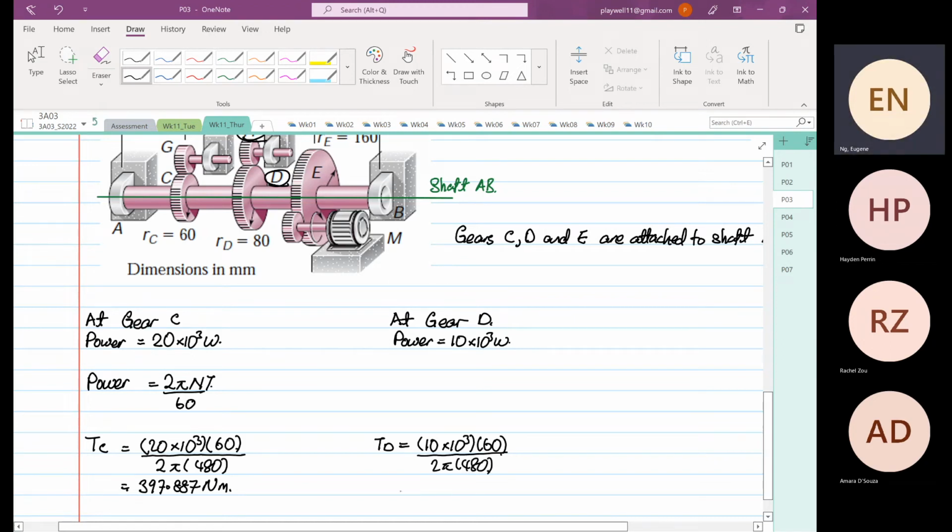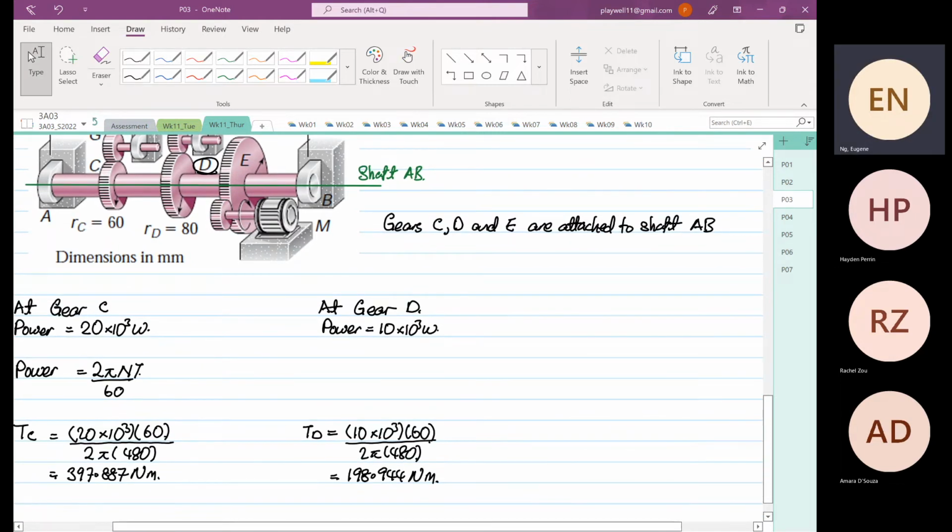480. So it's half of 397, so it's equal to 198.944. And finally, at gear E, okay, so the power is equal to 30 times 10 to the power 3.